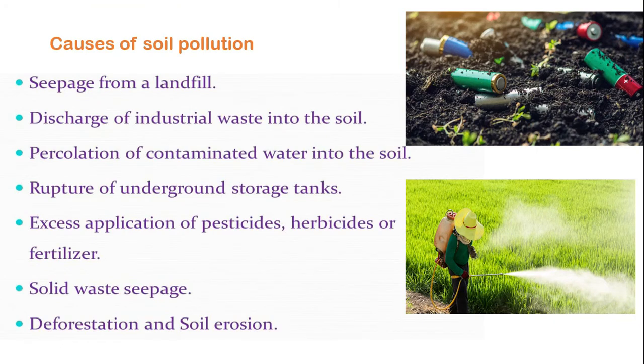Now you can see the causes of soil pollution. Okay, it can be caused by the sewage from landfill, the discharge of industrial waste into the soil, percolation of contaminated water into the soil, rupture of underground storage tanks, excess application of pesticide, herbicide or fertilizer, solid waste sewage, deforestation and soil erosion.